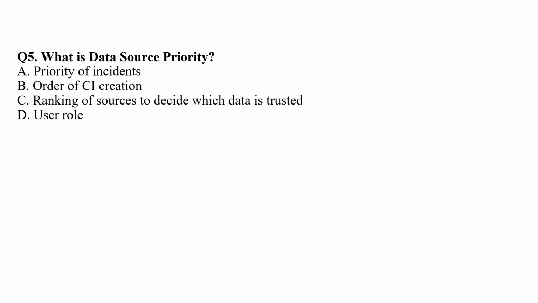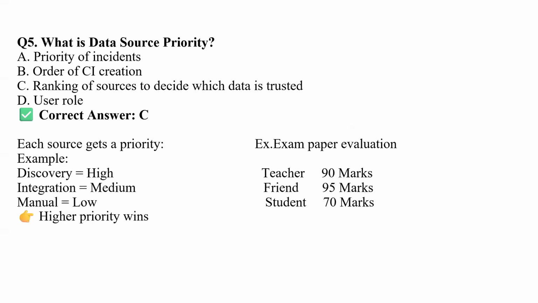Next one. What is data source priority? Option A, priority of incidents. Option B, order of CI creation. Option C, ranking of sources to decide which data is trusted. Option D, user role. The correct answer is option C, ranking of sources to decide which data is trusted. Here the explanation is that each source gets a priority.